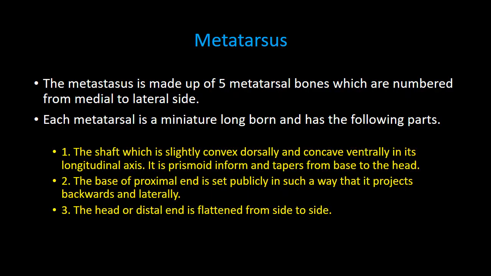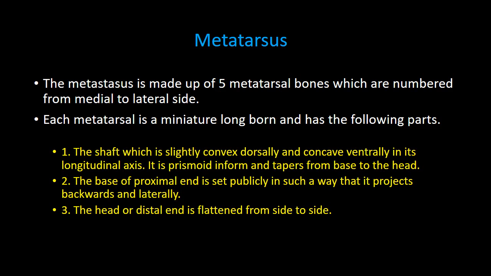Metatarsus. The metatarsus is made up of 5 metatarsal bones which are numbered from medial to lateral side. Each metatarsal is a miniature long bone and has the following parts. First one, the shaft, which is slightly convex dorsally and concave ventrally in its longitudinal axis.